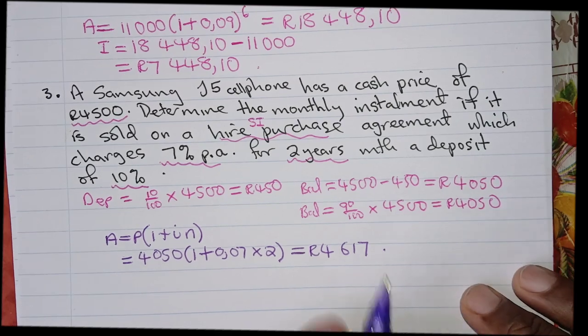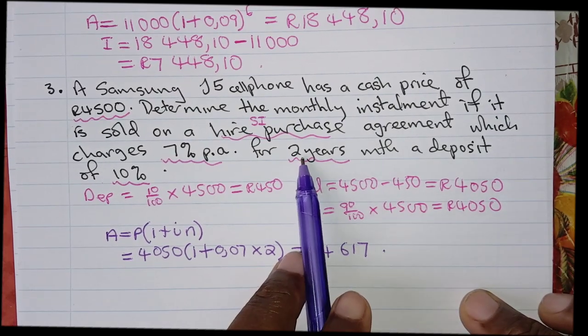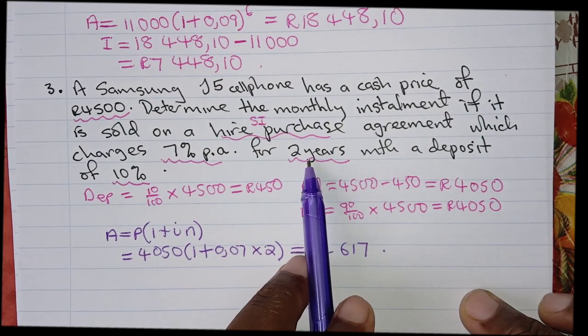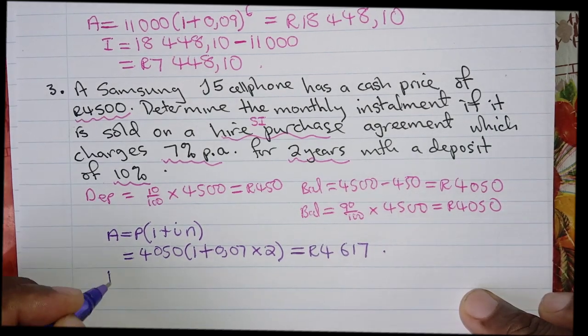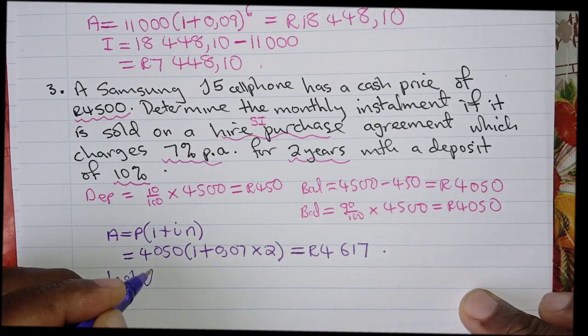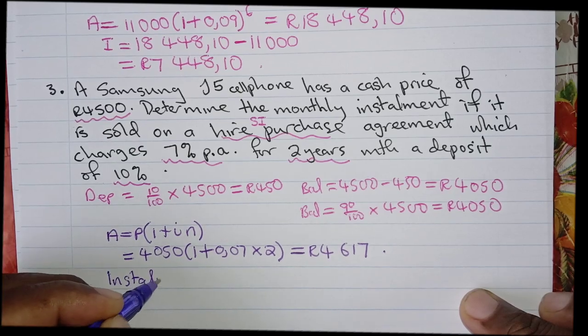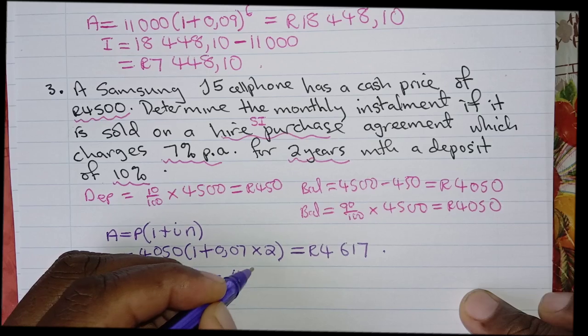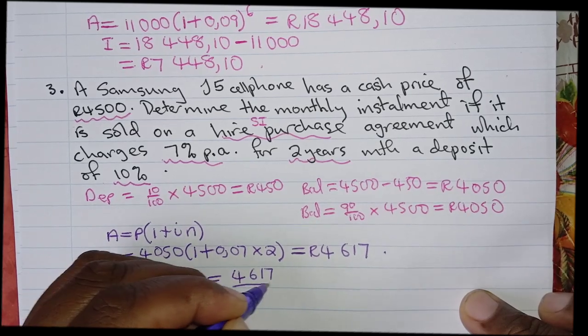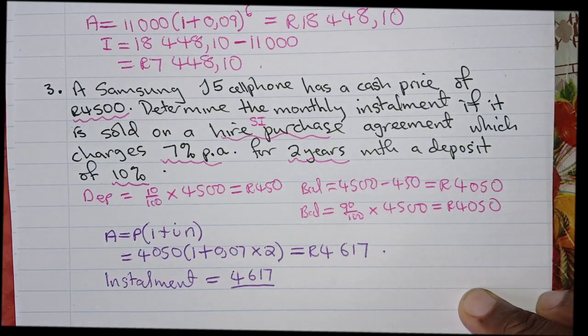4,617, right? Now this amount is going to be paid in 2 years time. To determine the installment will be equal to 4,617 divide by, our installment is payment per month, every month.